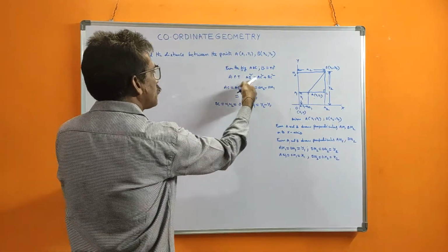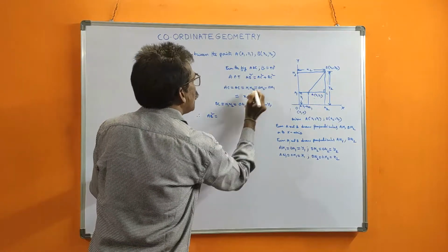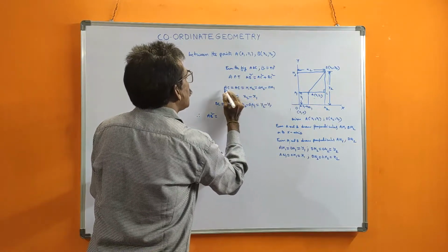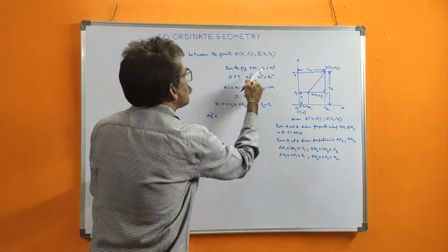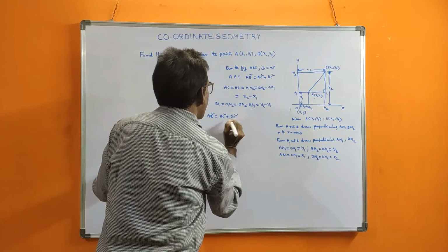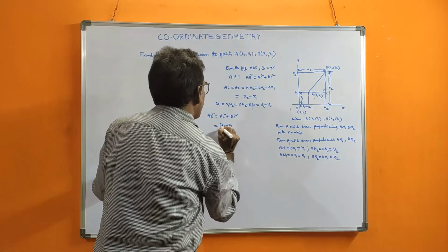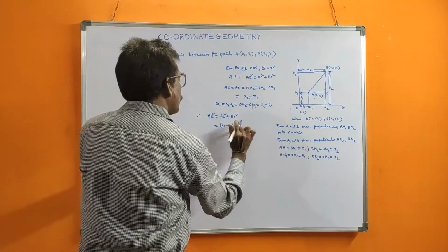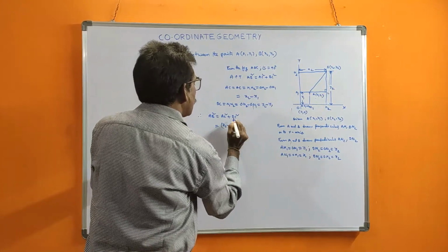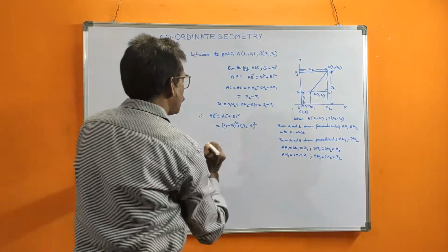Now substitute these values. AB square is equal to AC square plus BC square. AC means (x2 minus x1) whole square, plus BC (y2 minus y1) whole square.